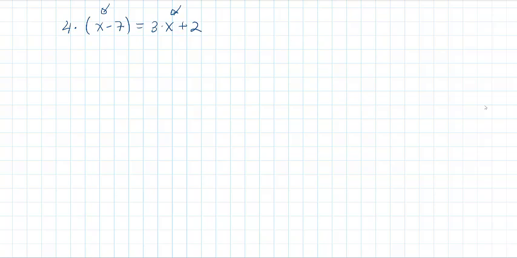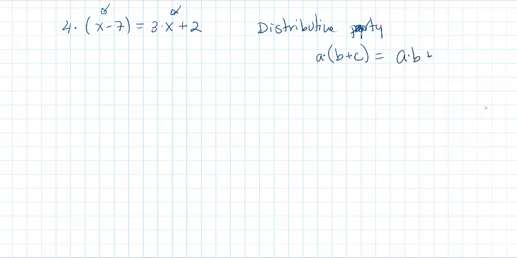So usually what I like to do in this type of problem is, first of all, open the parentheses using the distributive property. I'll remind you, not party, but property. I'll remind you what that is. If we have a formula a times b plus c, that equals a times b plus a times c.